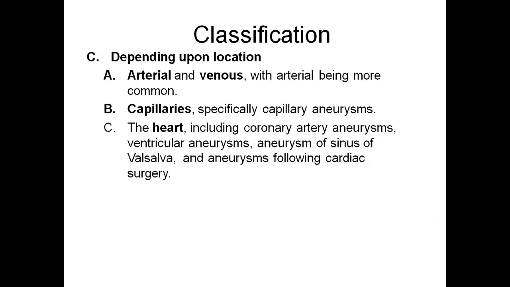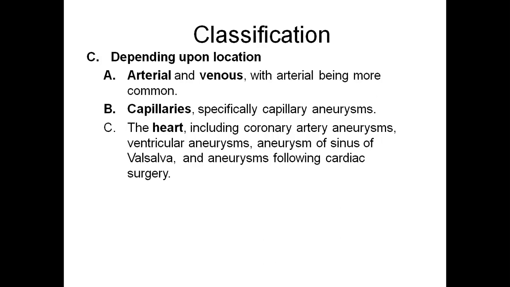Also, we have the classification based on the location. It is either arterial or venous, out of which the arteries are more affected because of the high hydrodynamic stress due to the fast flowing blood in the vessel. It can also be of the capillaries, especially capillary aneurysm, and the heart also.